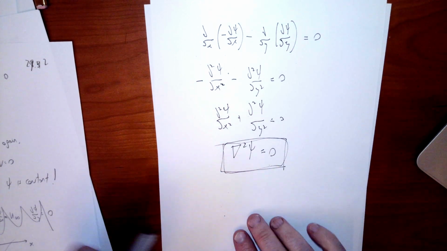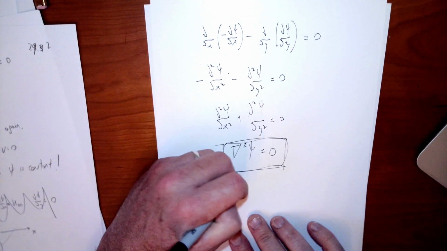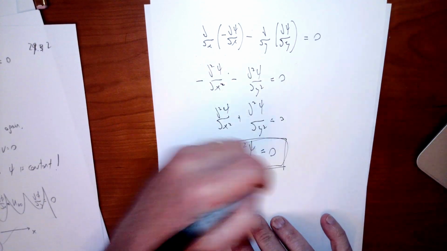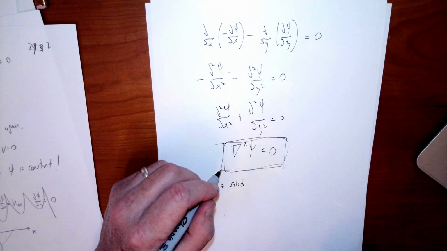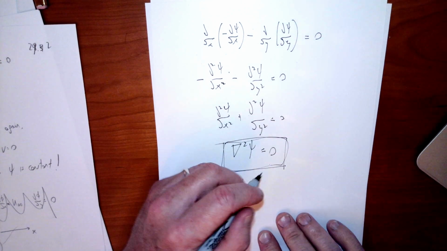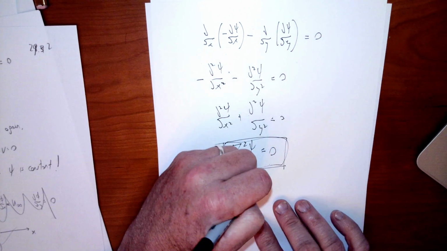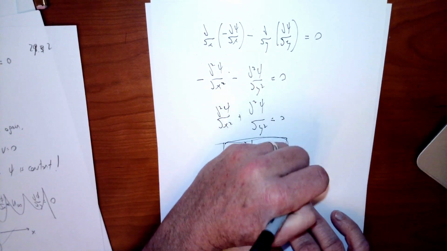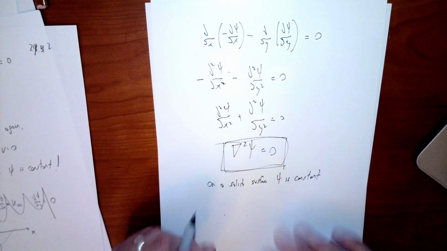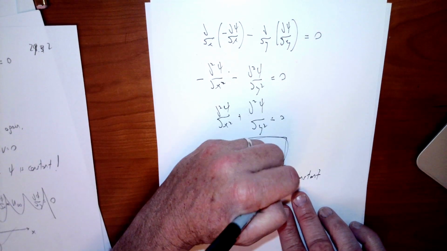Let's see here. If we have a solid surface, we're going to know what the boundary condition is for that. In that case, solid surface, well, we know that the solid surface has no penetration, no slip. So psi is going to be basically constant. So on a solid surface, psi is constant. So that prevents any penetration or slip.